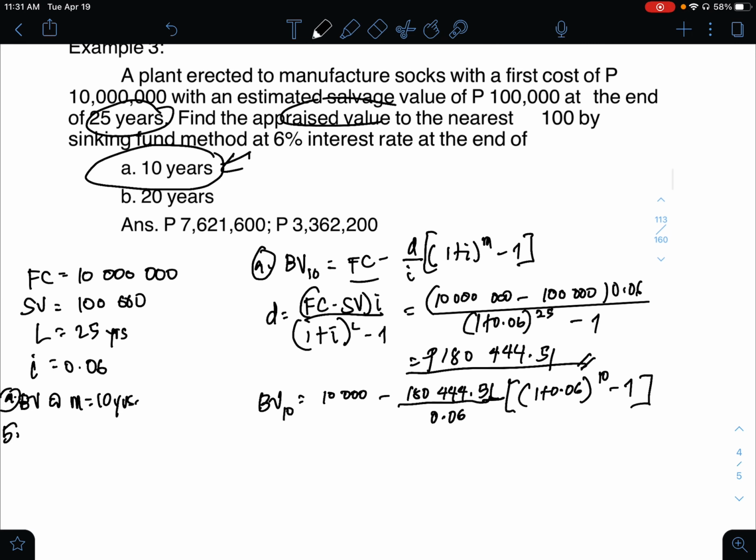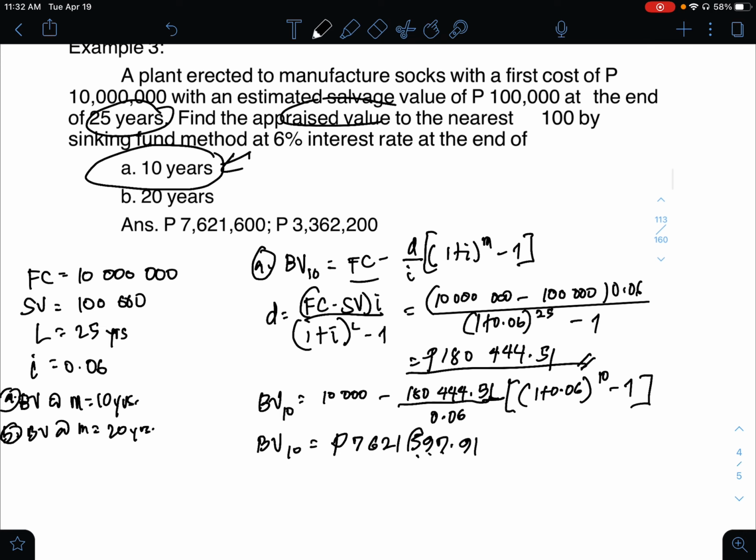So BV at 10 is approximately, to the nearest 100, 7,621,597.91.